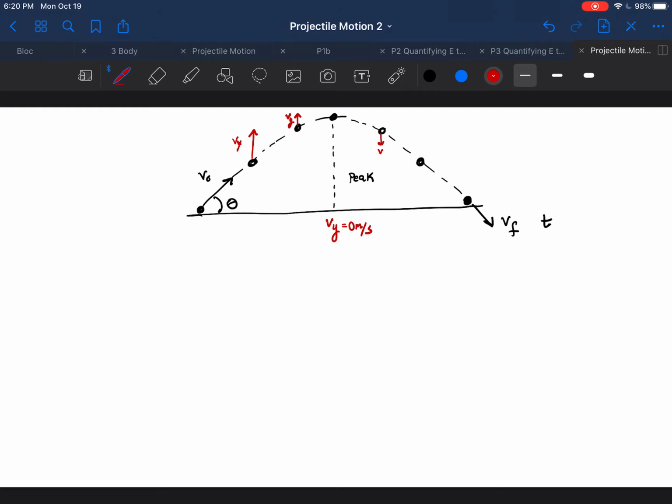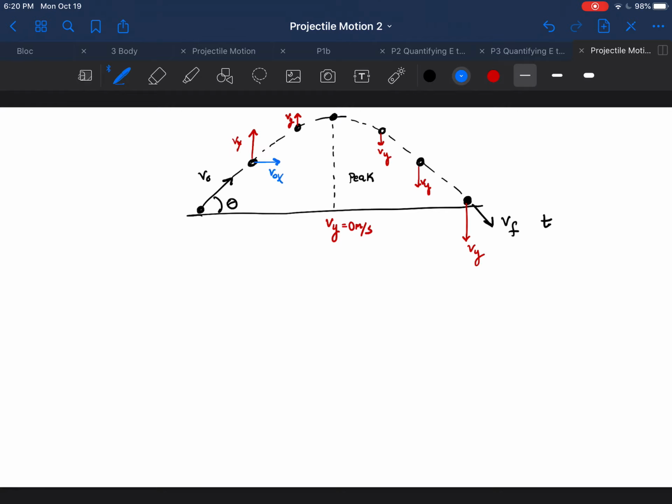Then on the way down, its velocity is now downward, and the acceleration is downward, meaning it's going to start accelerating here. Well, what about the x velocity? Is the x velocity also 0 at the top? Well, we know that for a projectile, there's no force in the x direction.